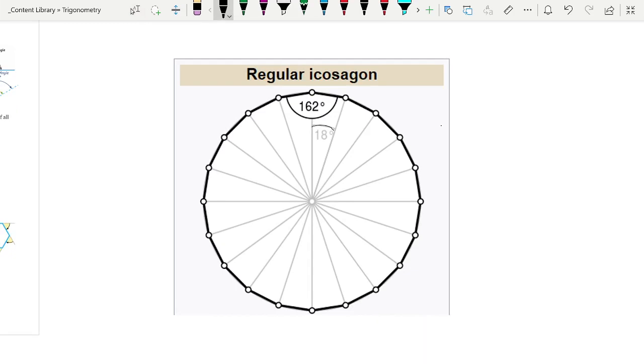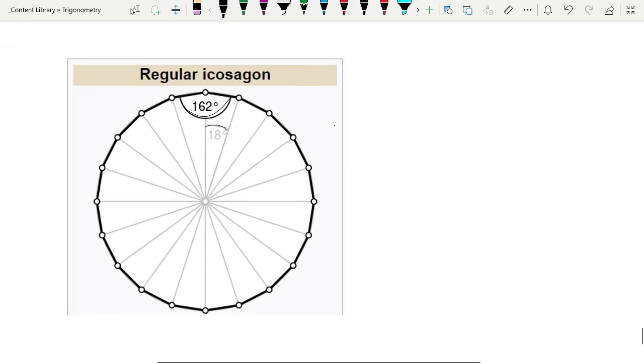And I could figure out that this is 162 a couple of ways. What's one way I could do it? Well, check it out. Remember back yesterday, we had a formula for how big one angle is in a regular polygon. What was that formula again? Flip back a couple pages. Oh yeah, it was the interior angle formula. It said size of an interior angle.